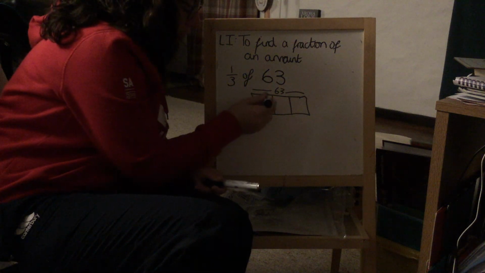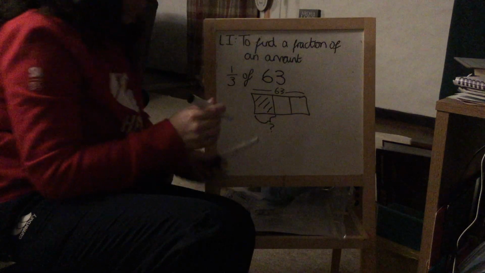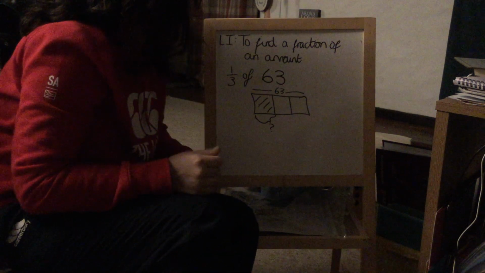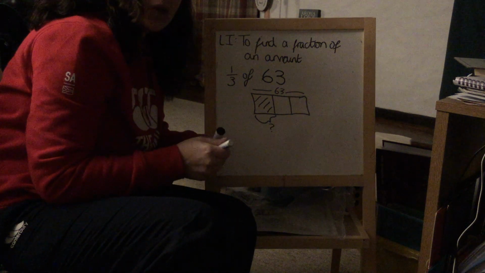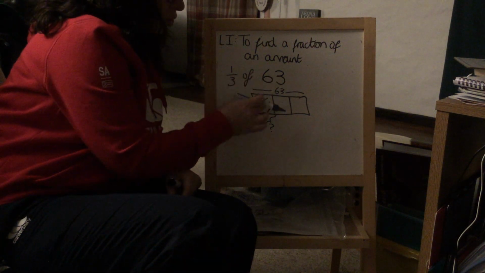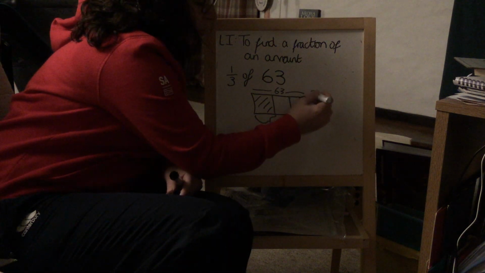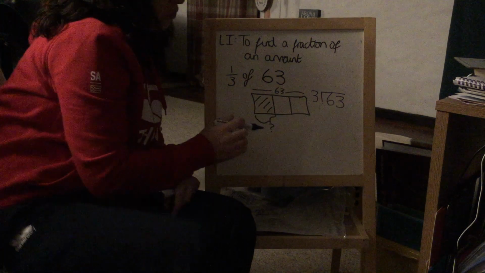And we're again going to focus on what this one piece is. Now even if we don't know what 63 divided by 3 is, we can just use the bus stop method, the same as what you did when you did division earlier on. So we need to find 1/3 of 63. So we need to do 3 into 63.